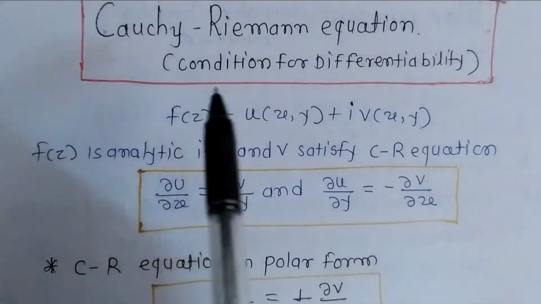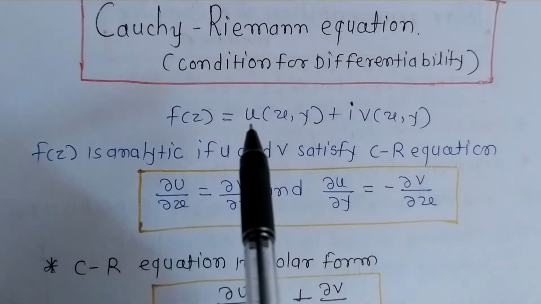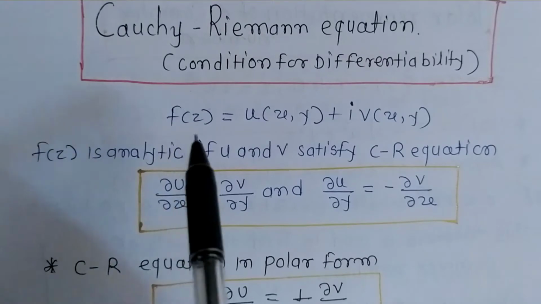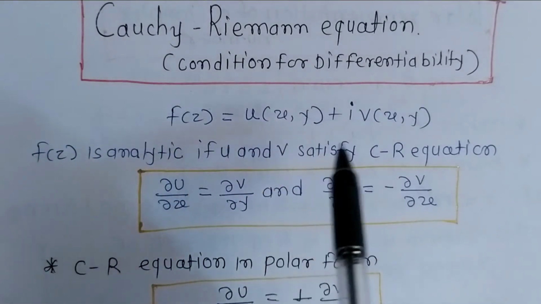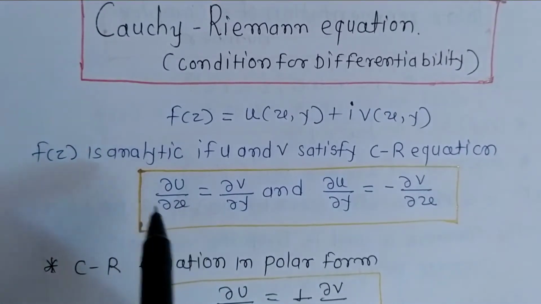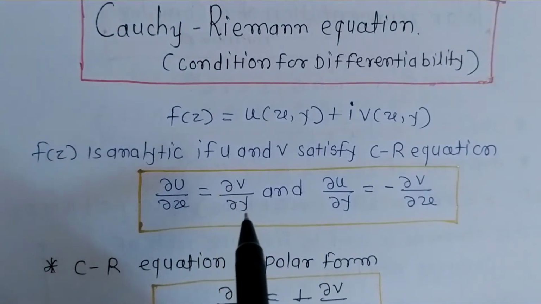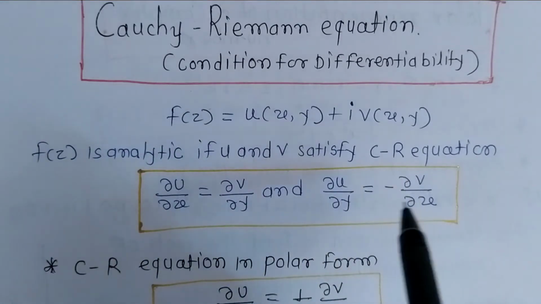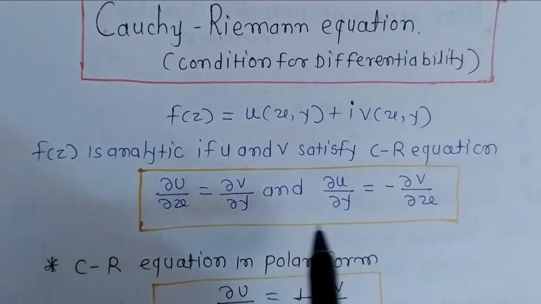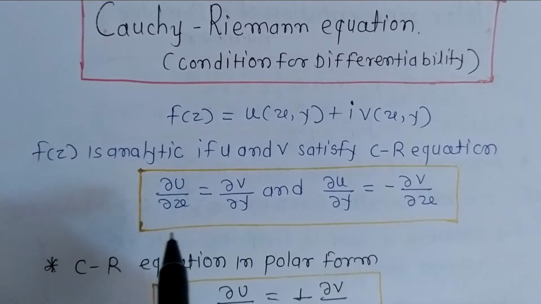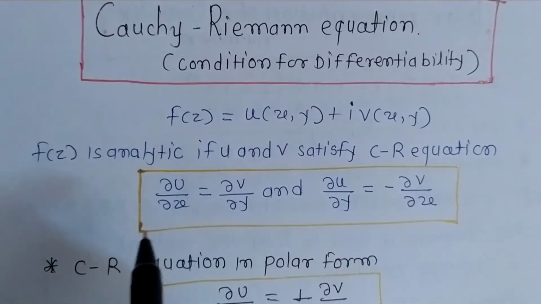This is the Cauchy-Riemann equation: f of z is analytic if u and v satisfy the Cauchy-Riemann equations, that is dou u by dou x is equal to dou v by dou y and dou u by dou y is equal to minus dou v by dou x. If u and v satisfy these equations, then we call f of z an analytic function.